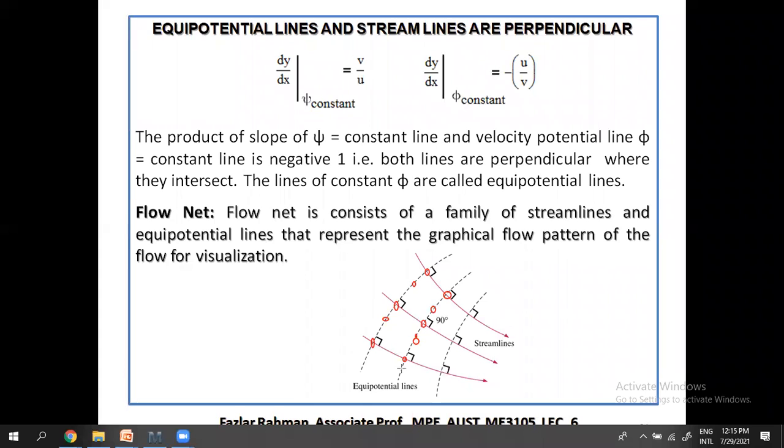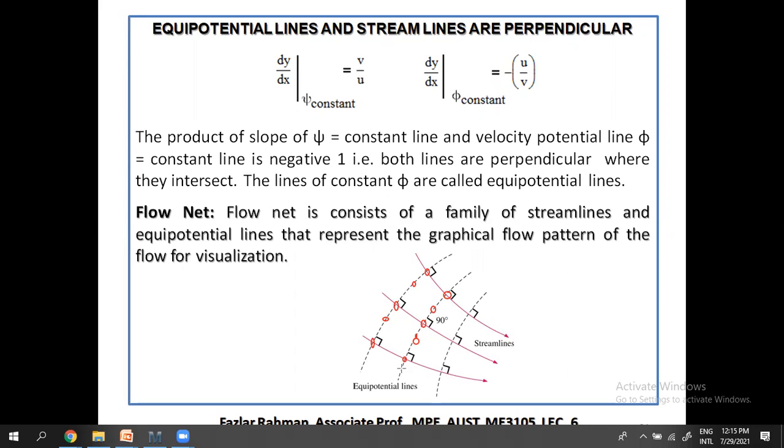So if you know the stream function psi and potential function phi, you can plot them. Then you will get a graph like a net, right? A fishing net. So that's why that graph is called a flow net. And normally, if you do the simulation in ANSYS or other software, you can plot this kind of line.